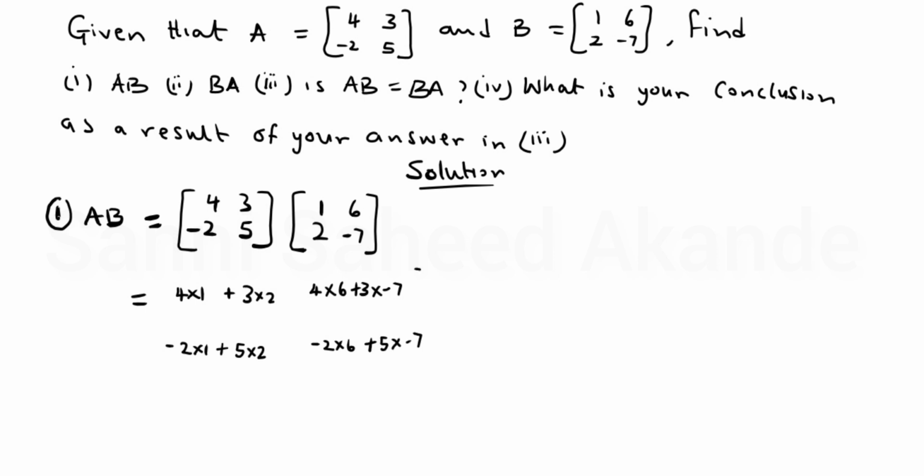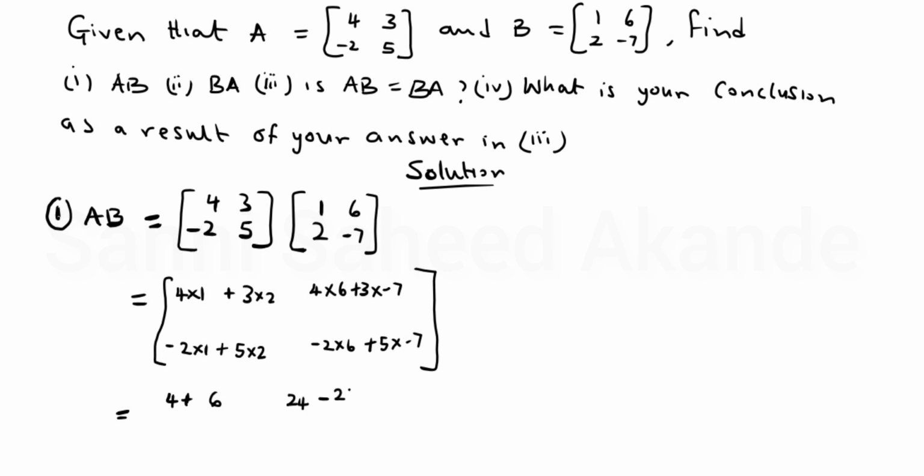Okay, so now let's multiply together and see what we have. 4 times 1 will give us 4, then plus 3 times 2 is 6. 4 times 6 will give us 24, then plus 3 times minus 7 will give us minus 21.